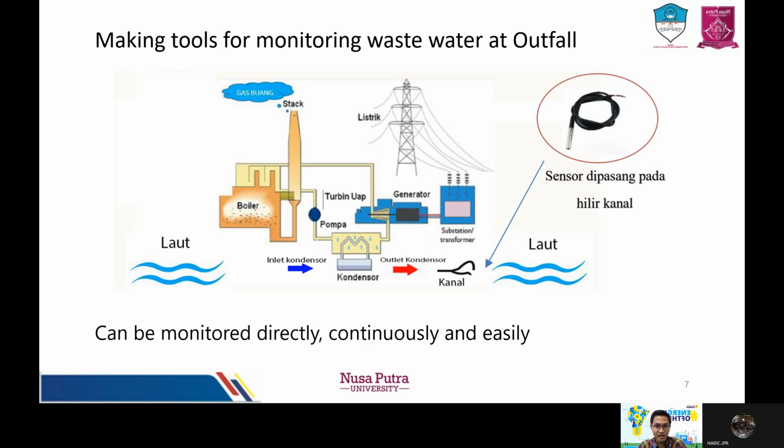Temperature sensors will be installed on the downstream canal of the power plant, will share the node, and internet routers will be installed on the nearest security post. The downstream canal is the meeting point between the cooling system output water or condenser output with seawater.